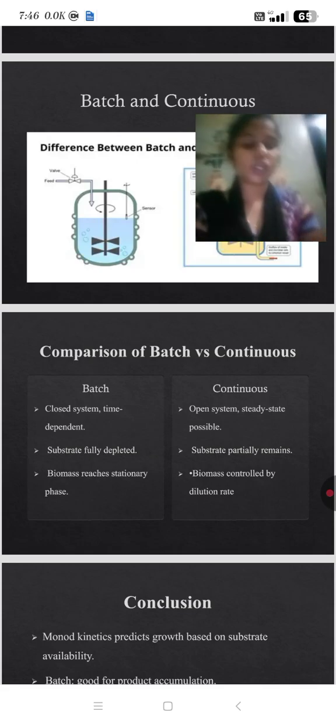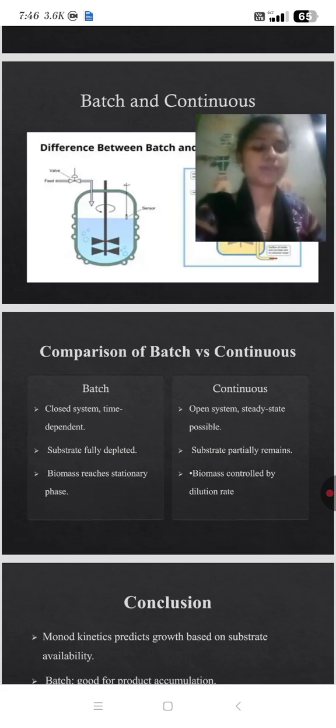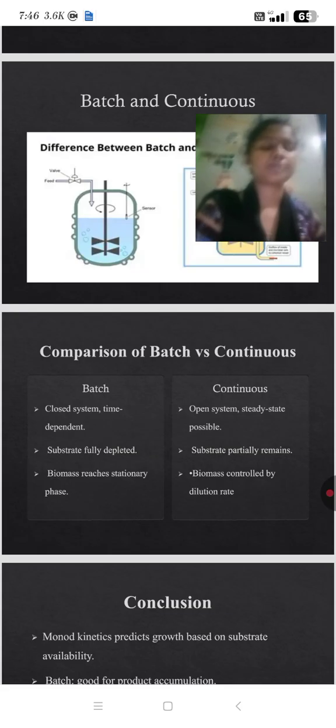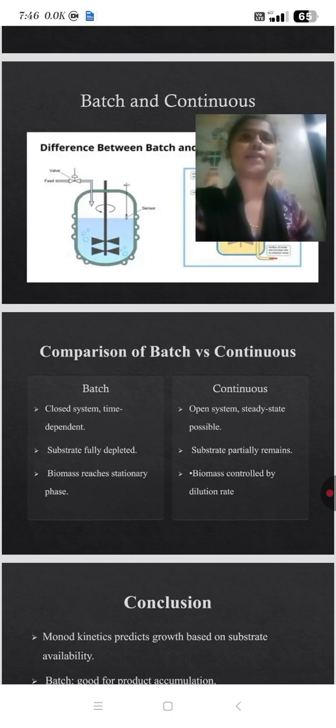Aspect: batch culture, a closed system. The substrate is completely consumed, nutrients are used in the growth phase, and it reaches the stationary phase. Control is time based.